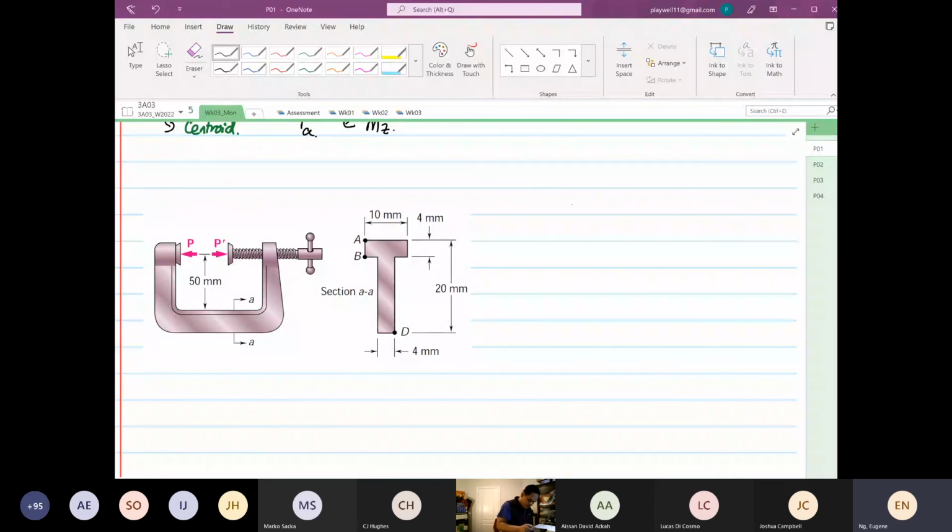Our centroid y bar is equal to 8.15 millimeter from the top, or if we were to determine from the bottom, it is equal to 11.846 millimeter from the bottom.